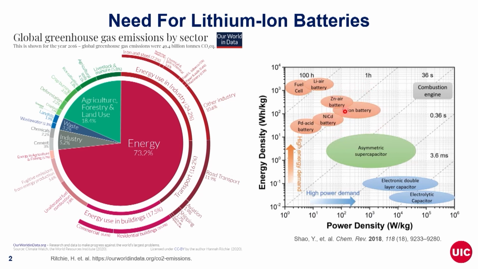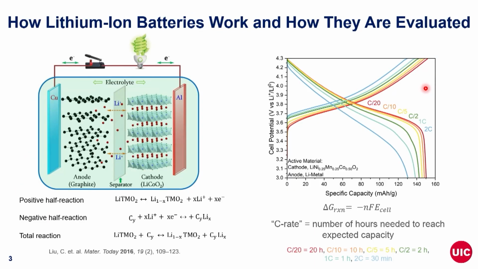Lithium-ion batteries versus other rechargeable energy storage devices have a higher energy density and higher power density, as well as longer cycle life compared to these other cells. And this is nearing our combustion engine vehicle, but we still have a long way to go to meet those metrics.